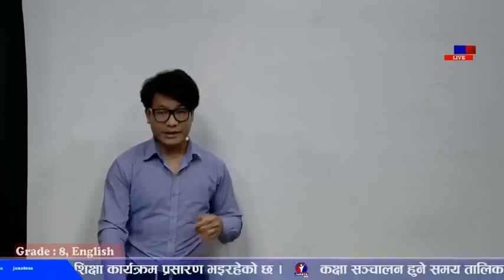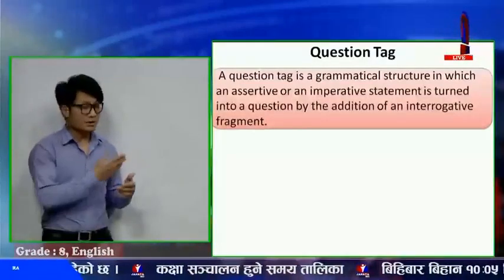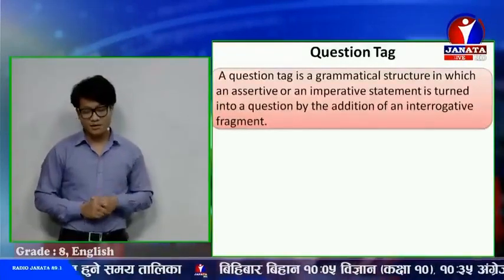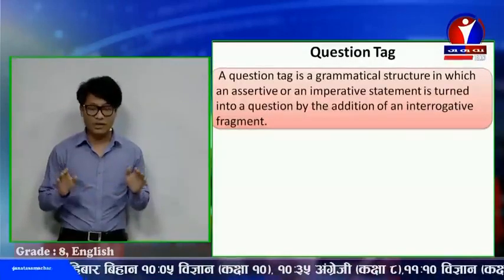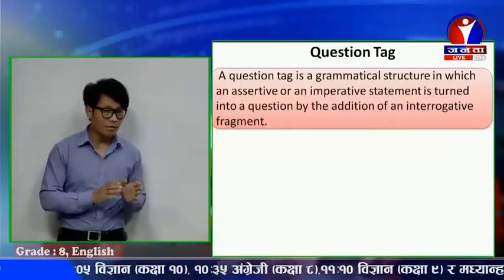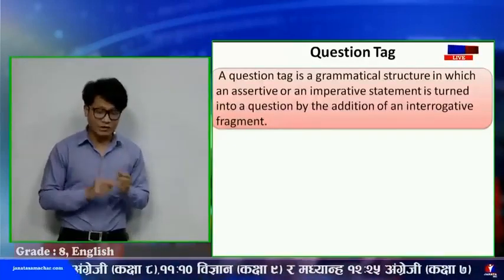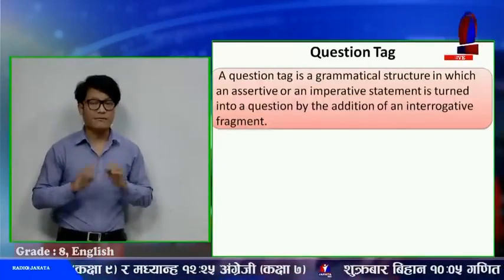So you can see at the screen here, this side, here is a short definition of question tag. It shows that a question tag is a grammatical structure in which an assertive or an imperative statement is turned into a question by addition of an interrogative fragment.